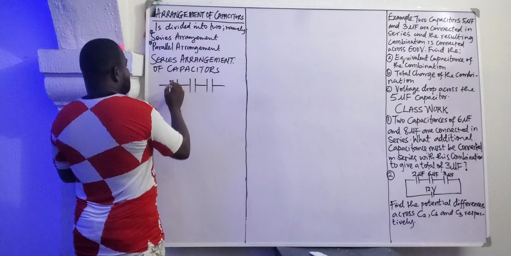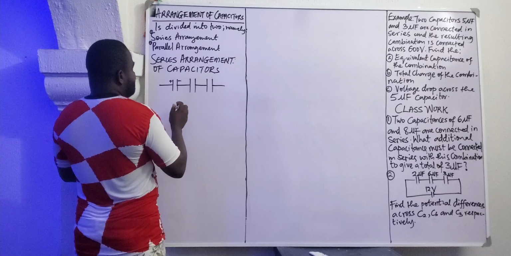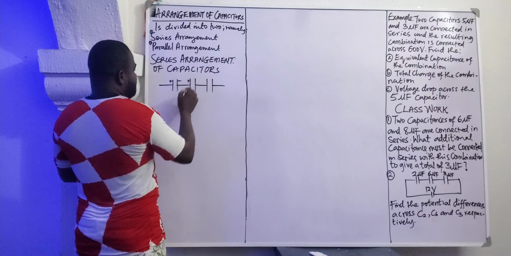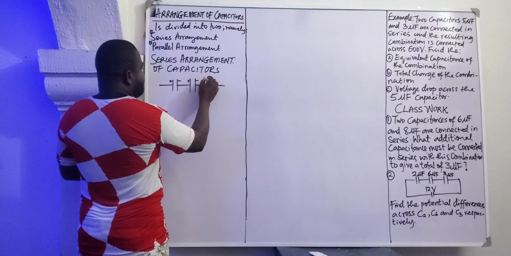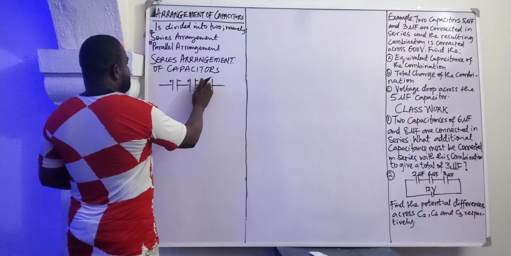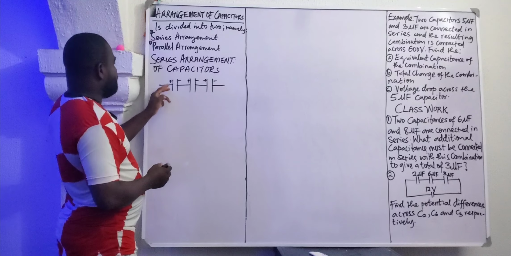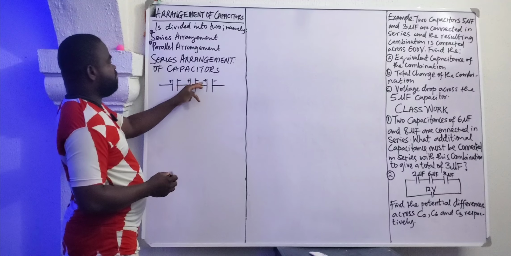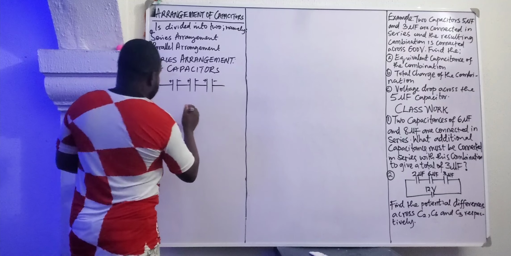So if this is the positive terminal of this capacitor, this is negative terminal of this capacitor, the negative of the first capacitor is connected to the positive of the second capacitor, while the negative of the next capacitor is connected to the positive of the other one. So that is how we know series arrangement of capacitor is connected positive to negative, positive to negative. That tells you that the capacitors are arranged in series.